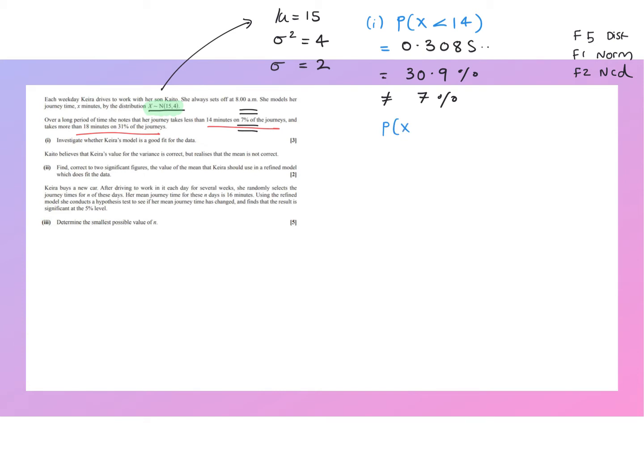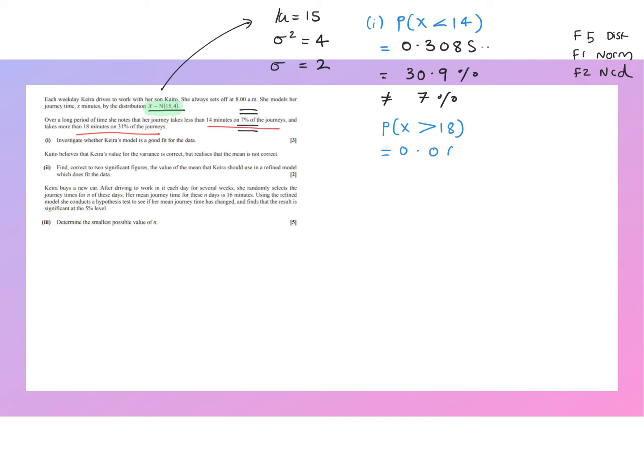We'll work out the probability of a journey taking more than 18 minutes. Using the same setup on the calculator, this time the lower value is 18 and the upper value is 200. It just needs to be large enough for us to get an accurate answer.